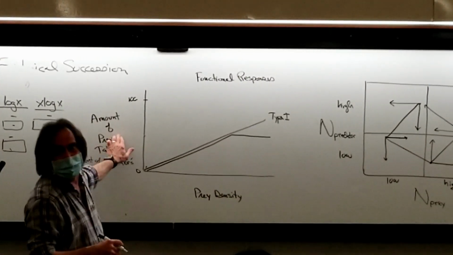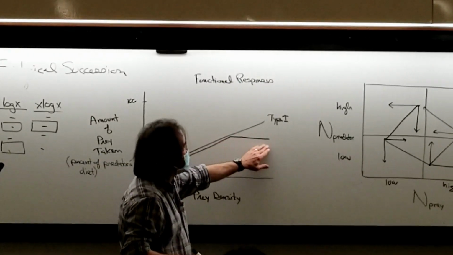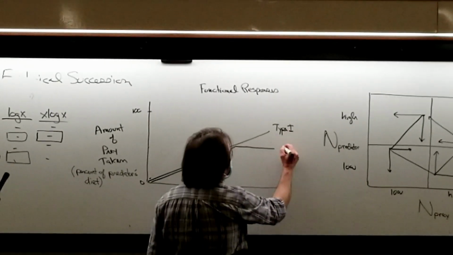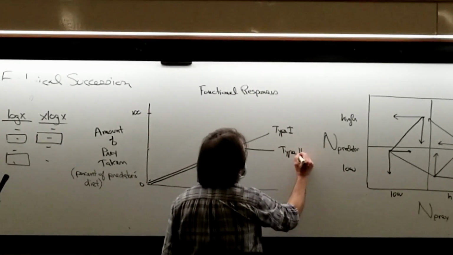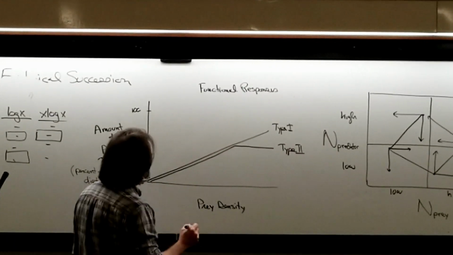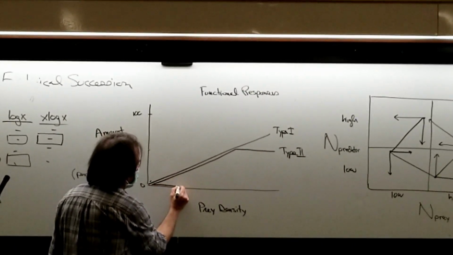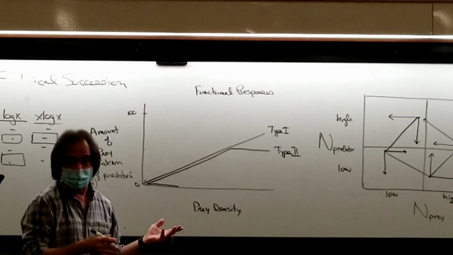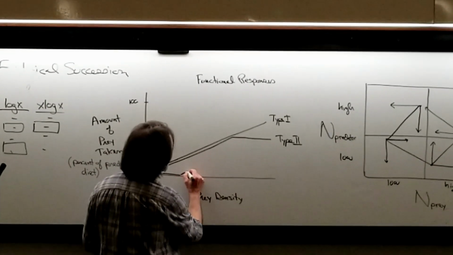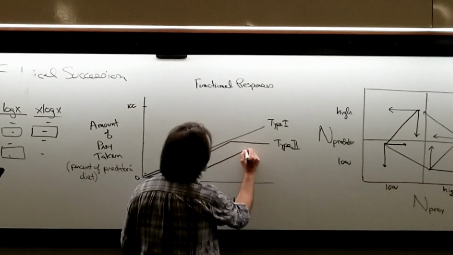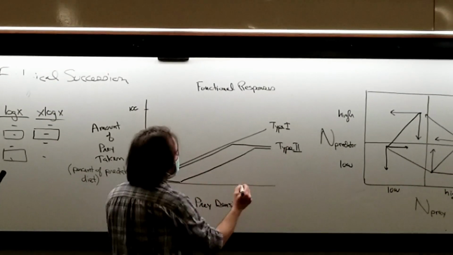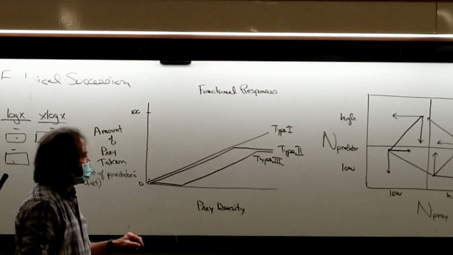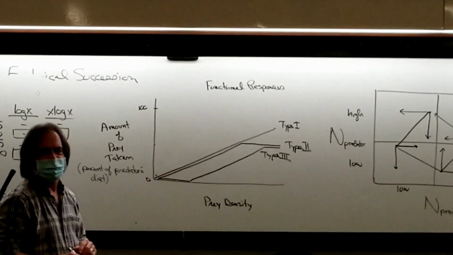It just depends on how you measure them. But you can saturate the system, and that would be a type 2. Then type 3 is where prey are ignored or somehow eaten below their availability when they're rare. Then you have the same proportional increase in predation, and then you can saturate it. That's a type 3. I gave you two possible reasons why this might happen.